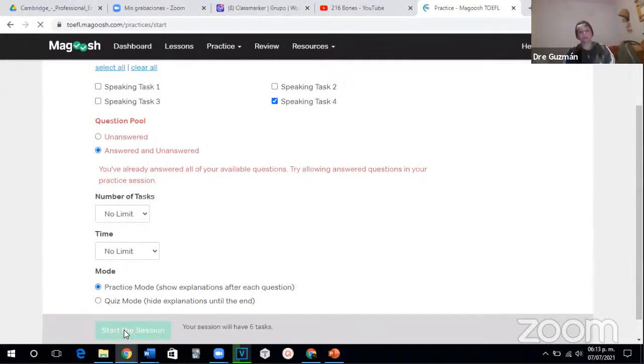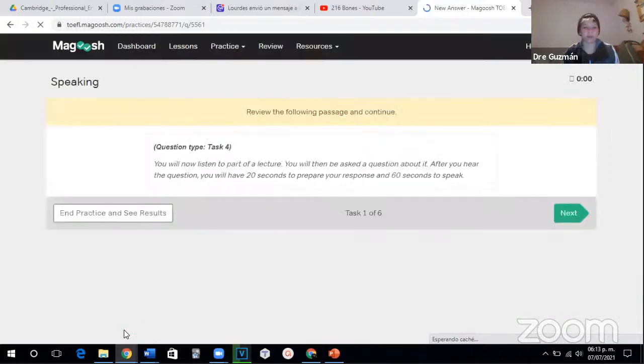That's the amount of time you have to prepare and to give your answer is the same as the last one. 30, sometimes 20 seconds, sometimes it's a little less, and 1 minute to give your answer. So es muy similar a los que ya hemos visto en cuanto a tiempo al menos, así que eso ya estamos un poco acostumbrados, creo.